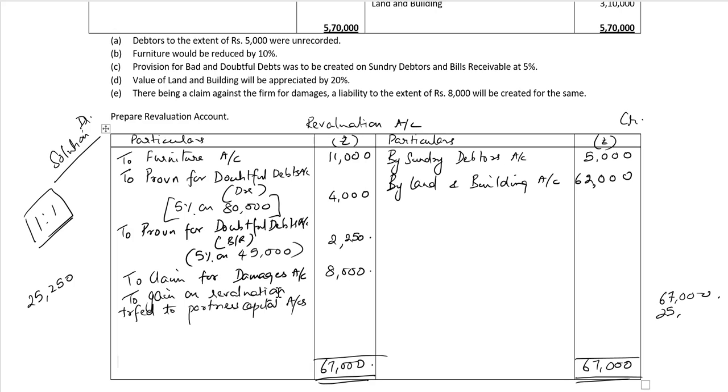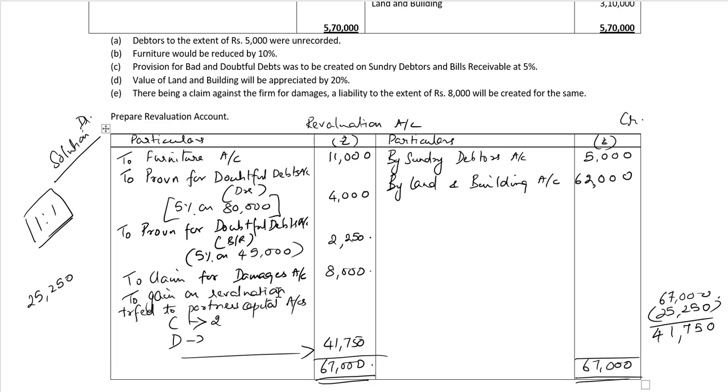On deducting 25,250 from 67,000, we get 41,750 rupees. That's the total gain. Needs to be divided between C and D, and each gets half.